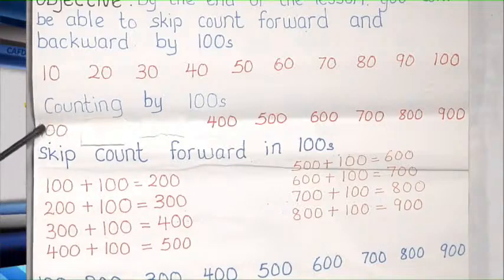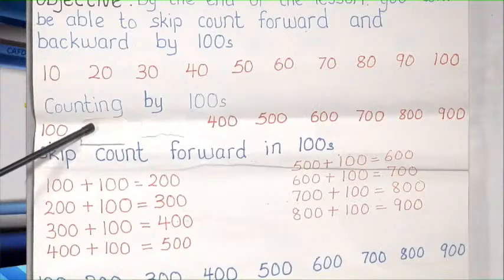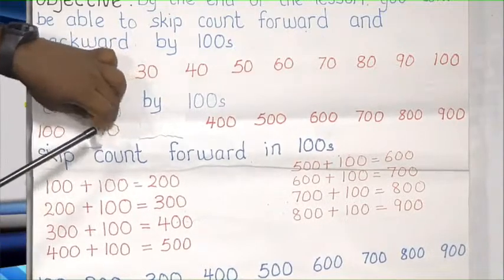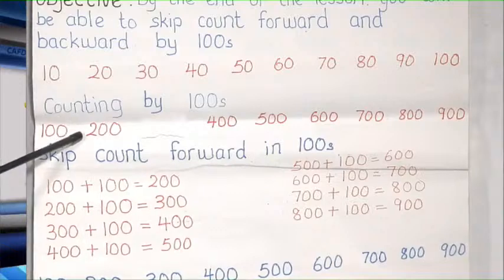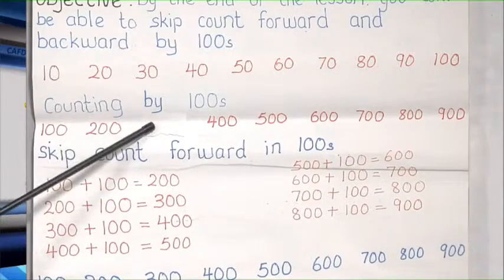So when I come, this is 100. Then I will add 100 so that this one becomes what? 200. Now let's see if it is 200. Wow. Have you seen? 200 is there. So with this 200, the next number will be what?